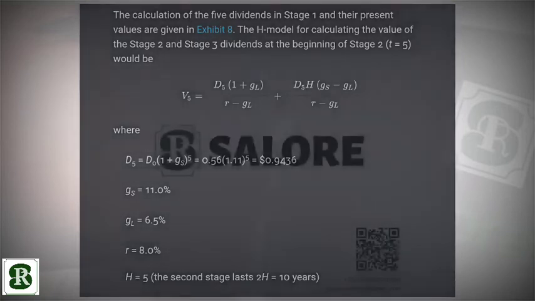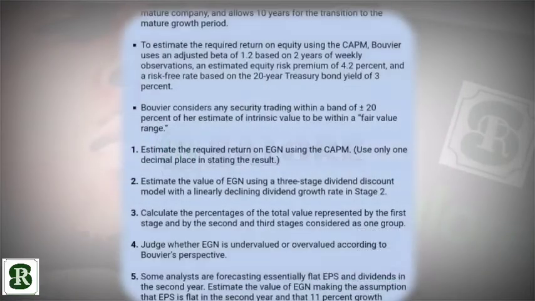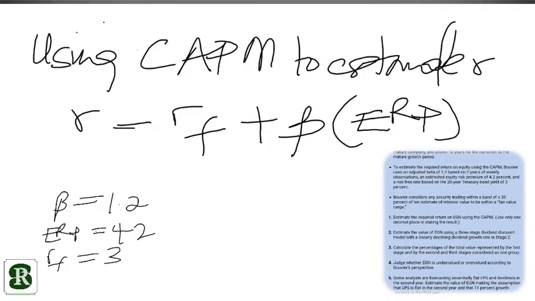Now in the question we're given the variables that we would use to calculate our cost of equity. Based on the question, to estimate the required return on equity using the CAPM, Boover uses an adjusted beta of 1.2, and this is calculated using 2 years of weekly observations.